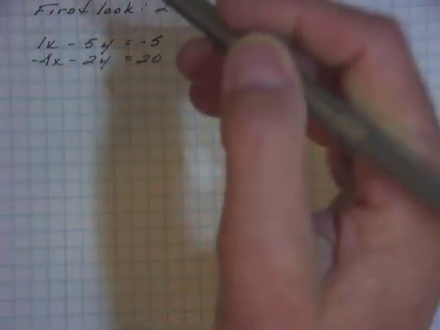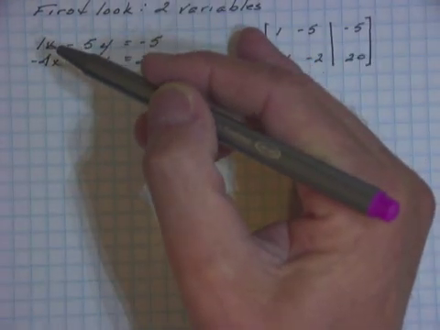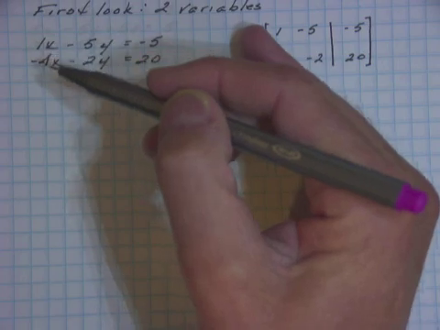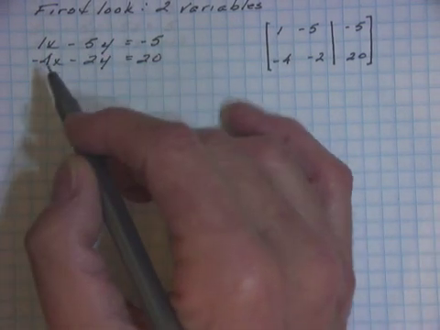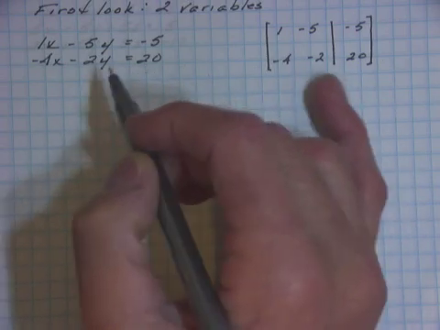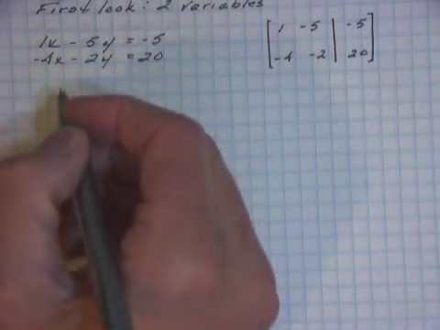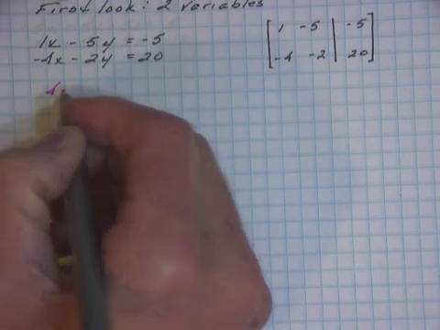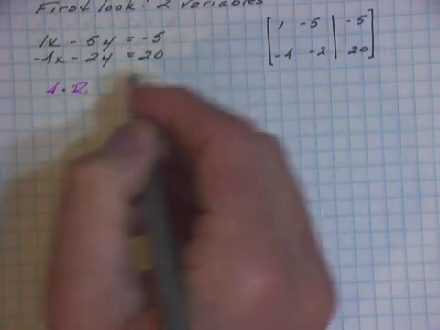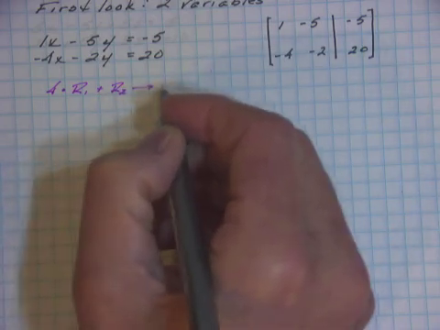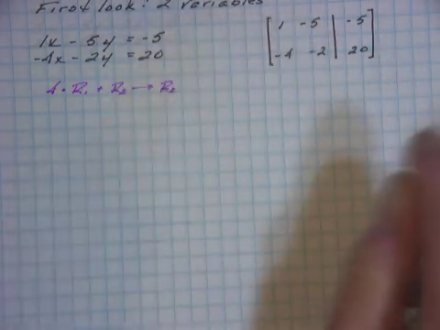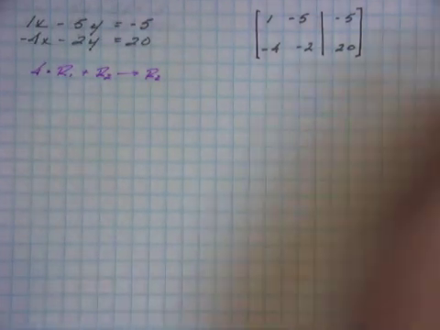Well, one way to do that is, what if I took the top row, multiplied everything by 4, and then added it to the bottom row to create a new bottom row? So here is a little shorthand. We're going to go 4 times row 1, add it to row 2, and that's going to become my new row 2.